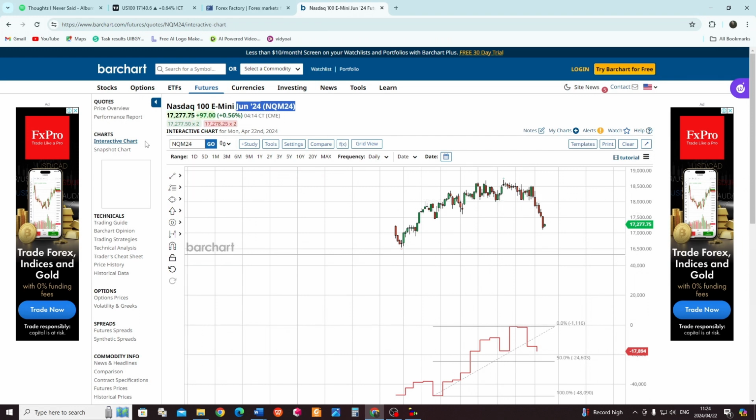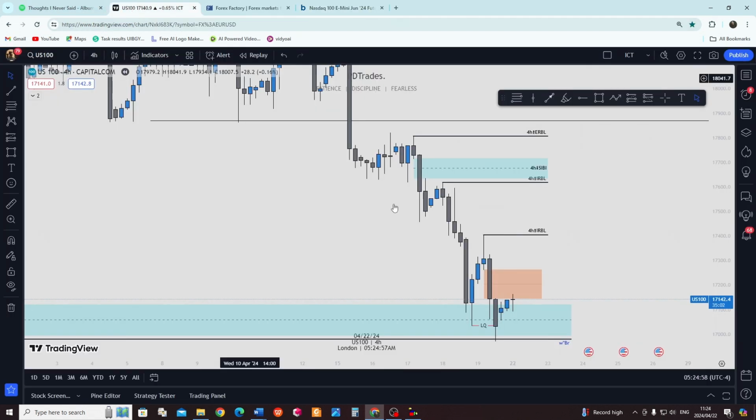So currently this is the June 2024 contract, NQ E-mini S&P. So currently the commercial traders are bearish. So I know that okay, here I might reverse, but I know that this could only be just a reversal.